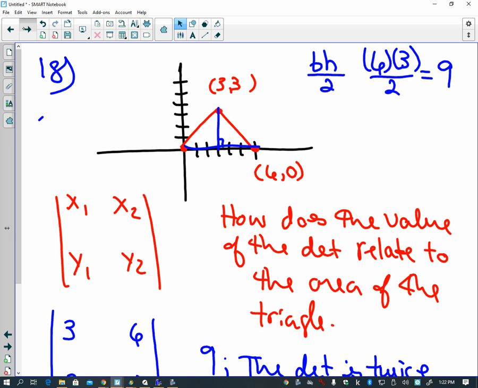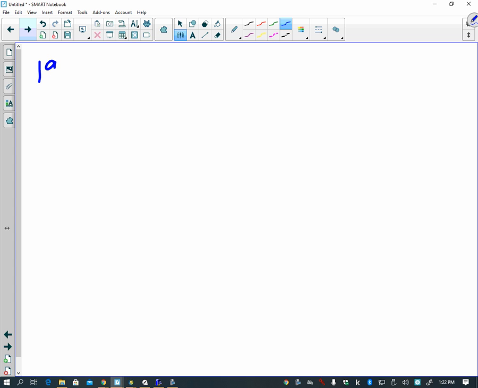All right, 19. This is the last question. There's only 19. It's going to talk about two resorts. They're going to offer private lessons for their customers.